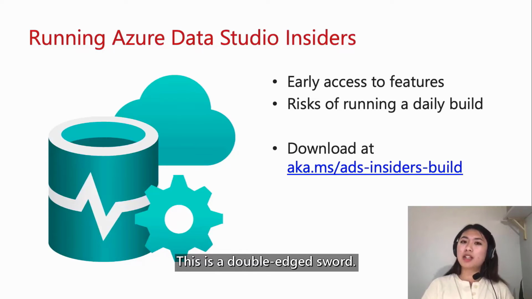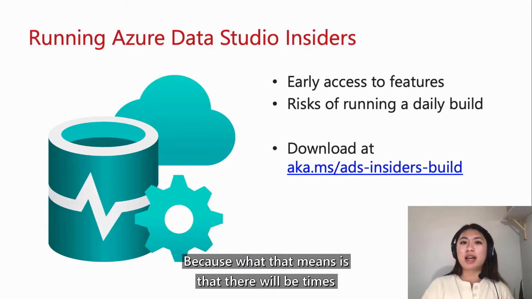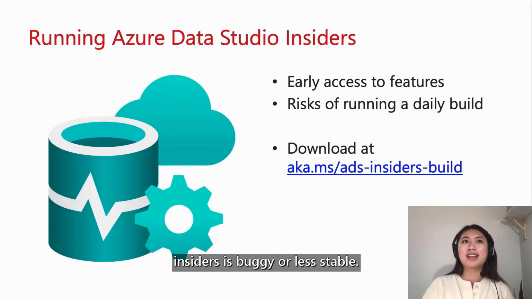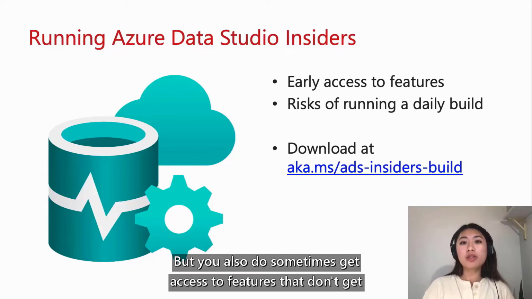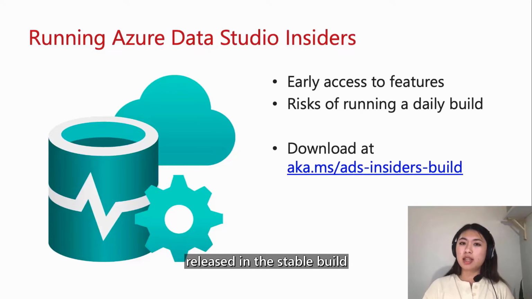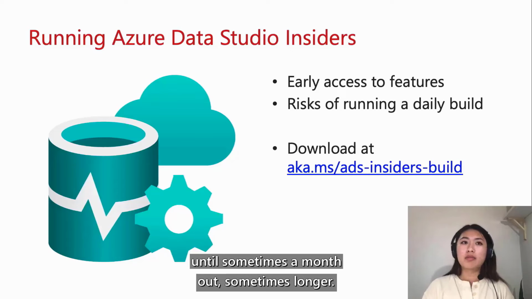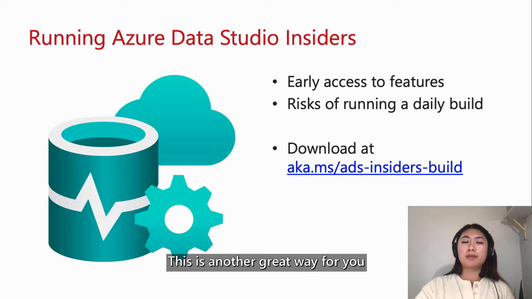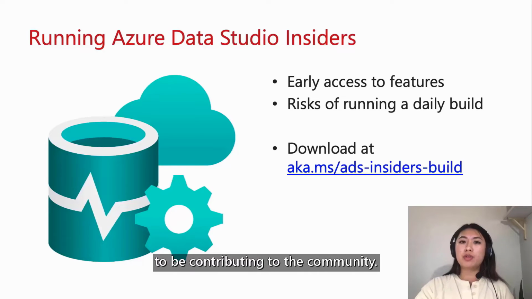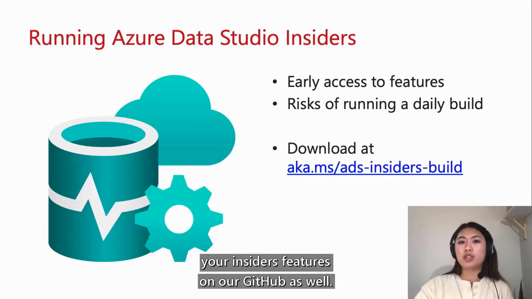This is kind of a double-edged sword, because there will be times Insiders is buggy or less stable, but you also sometimes get access to features that don't get released in the stable build until a month out, sometimes longer. So this is another great way for you to contribute to the community, and you can also provide feedback on your Insiders features on our GitHub as well.